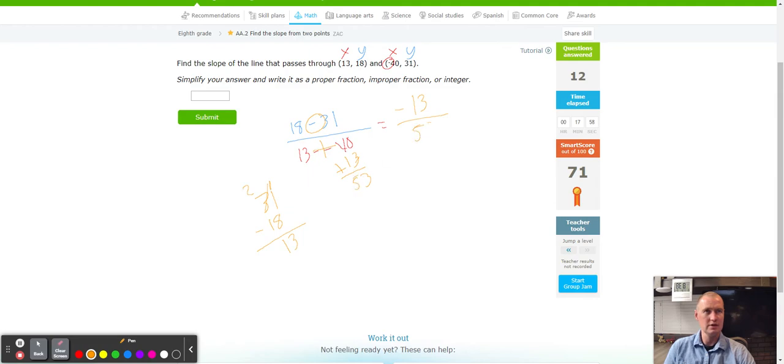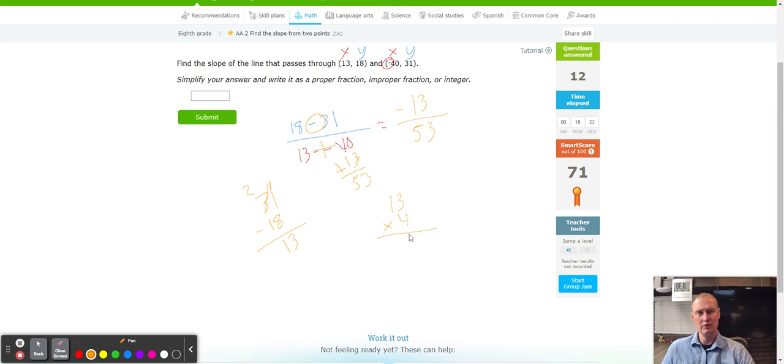So I got 53. Now, question is, can I simplify that? And I don't think I can. The only thing I could check is see if 13 goes into 53, which I don't think works, because 13 times 4 gives us 52.